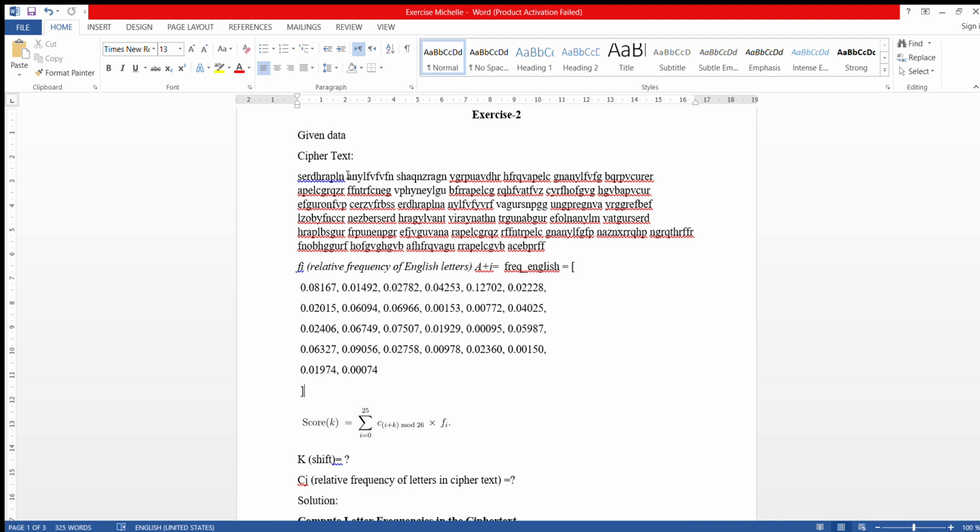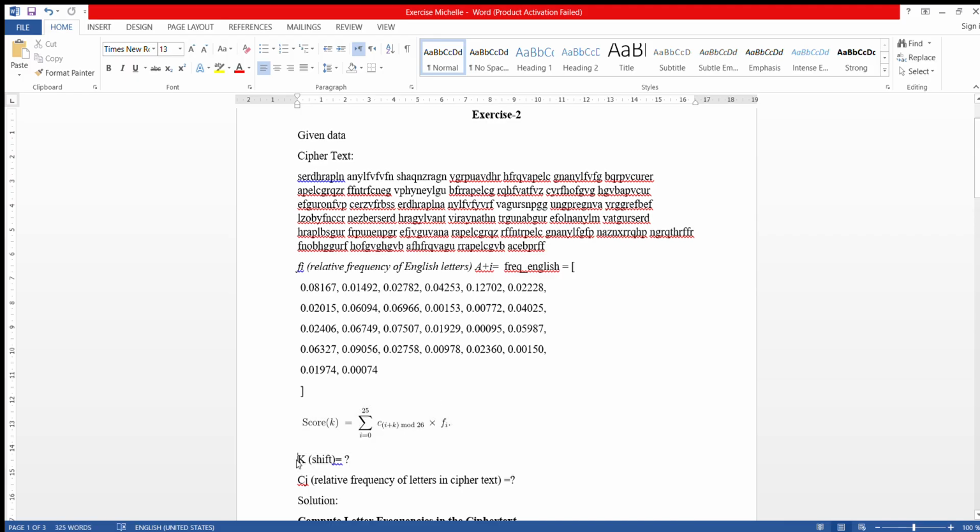By default, the shift value is 3, but in this case it is unknown. So we have to find the right shift value, apply it to the ciphertext, and convert the ciphertext into plain text. So we need to calculate the shift.